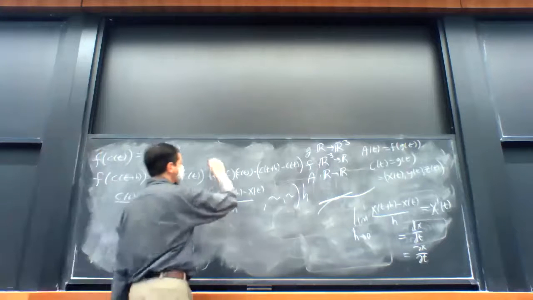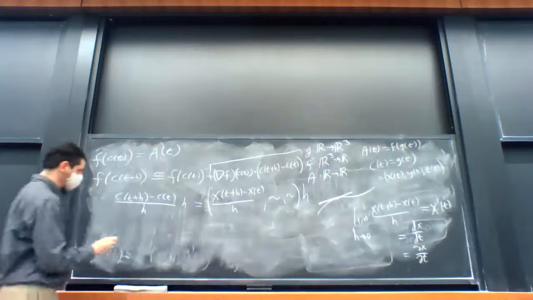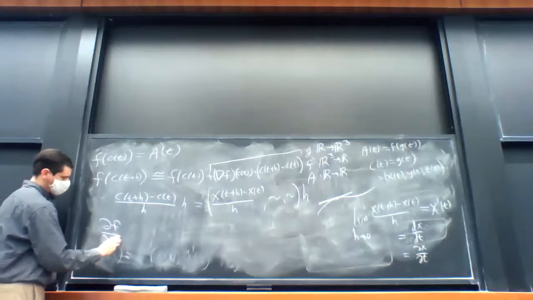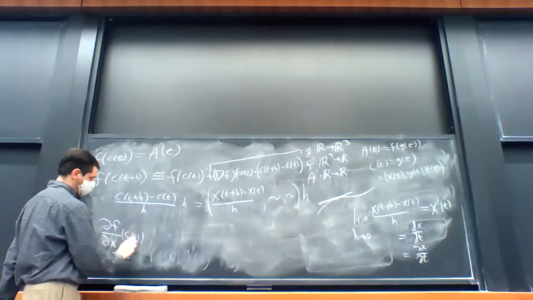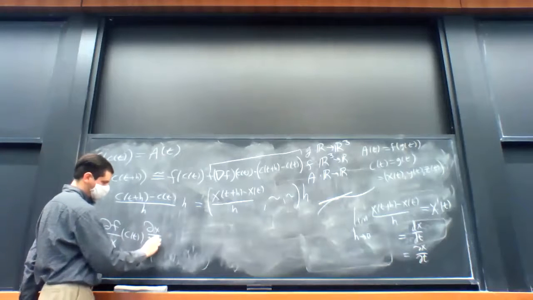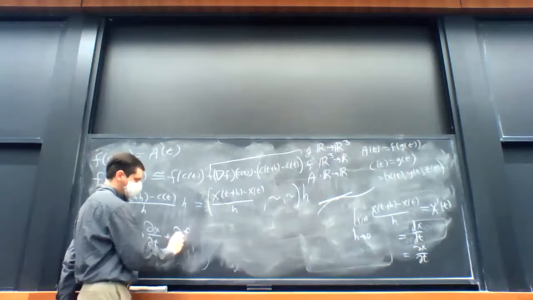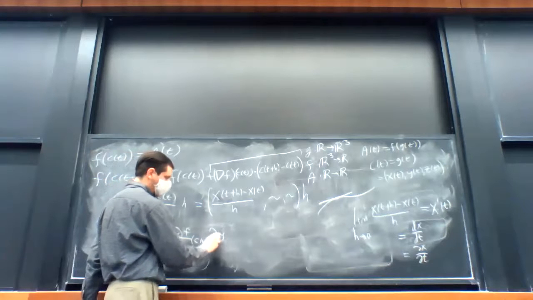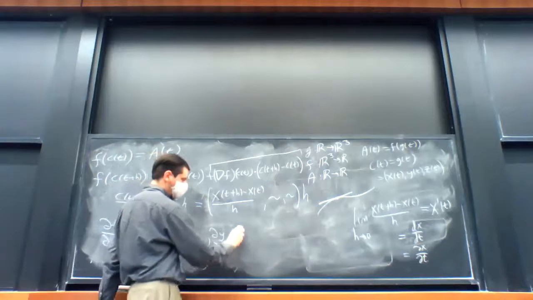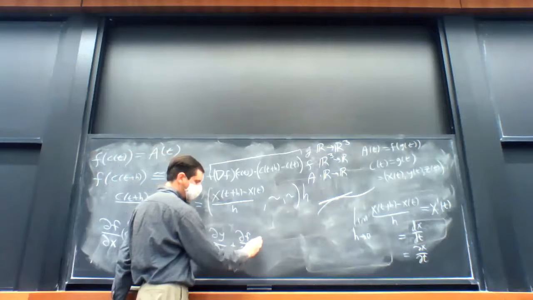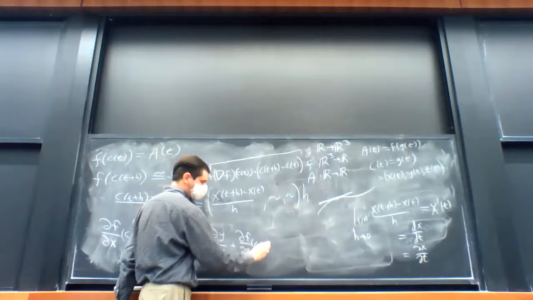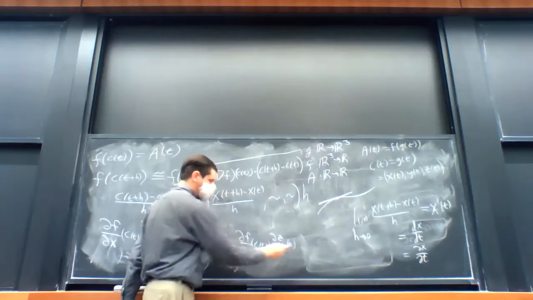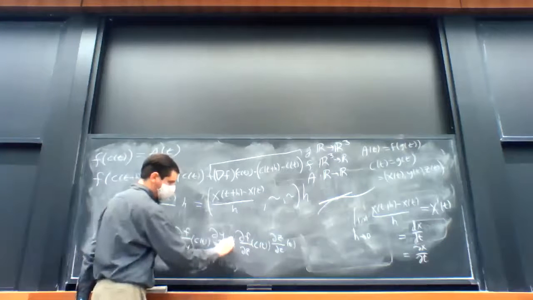And so the change vector here is going to look like df dx at c of t times partial x partial t plus df dy at c of t dy dt plus partial f partial z at c of t times dz dt. And these last ones are all evaluated at time t.